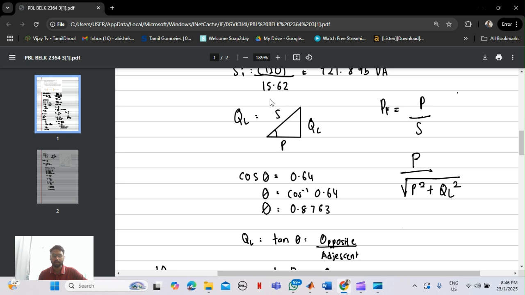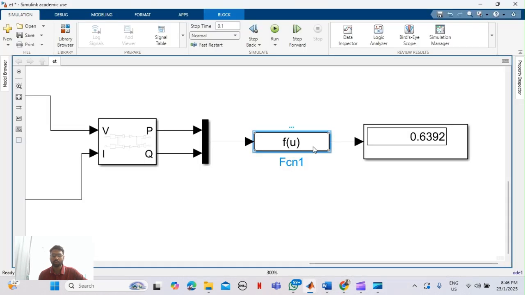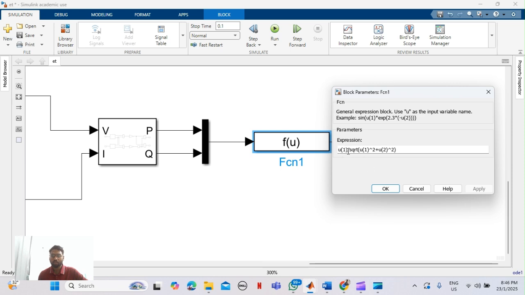Following the power triangle, S is the hypotenuse, which means S can be calculated by P square plus reactance square, and square root, we can get the S. So we can take this formula and apply it into our MATLAB function. So U1 is our P divided by square root of U1 to the power of 2 plus U2 to the power of 2, which means power divided by square root of power square plus Q square.